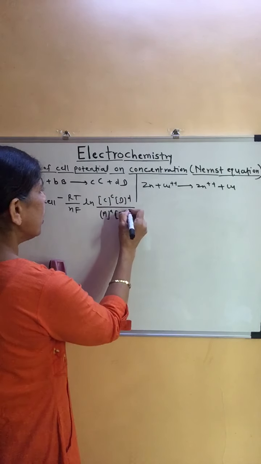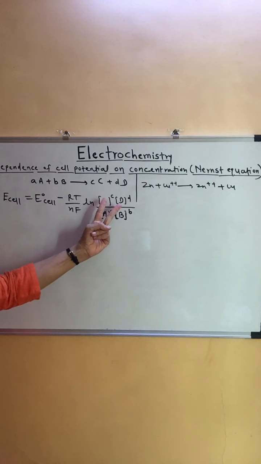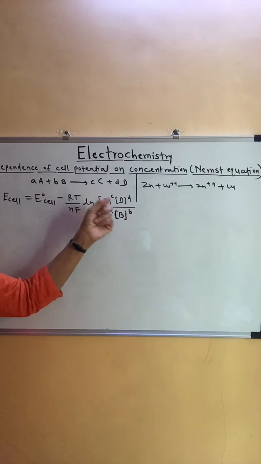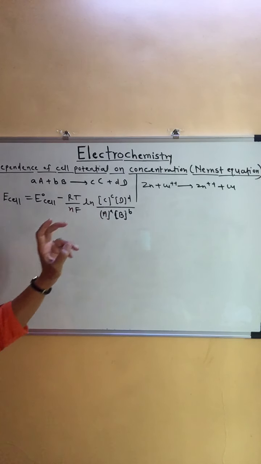What is the Nernst equation? See again. E cell is equal to E naught cell minus RT upon nF ln [C] raised to c into [D] raised to d. There is the concentration of products, the product of molar concentration of products upon the product of molar concentration of reactants.